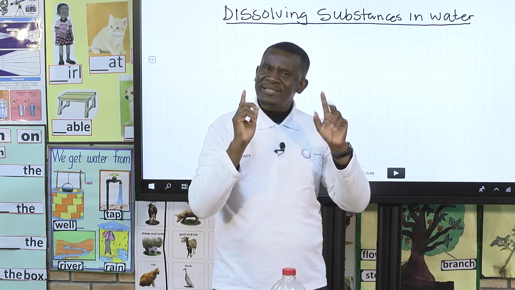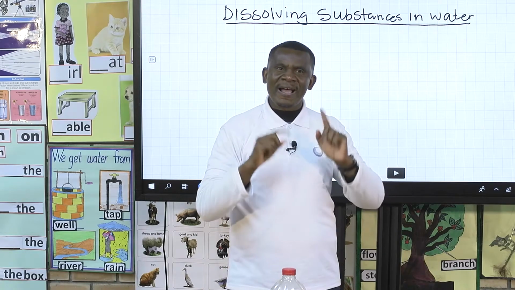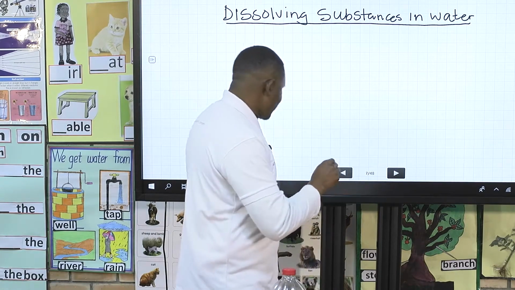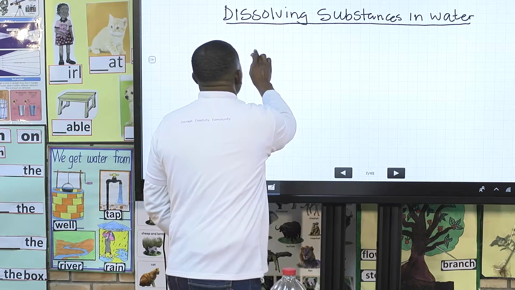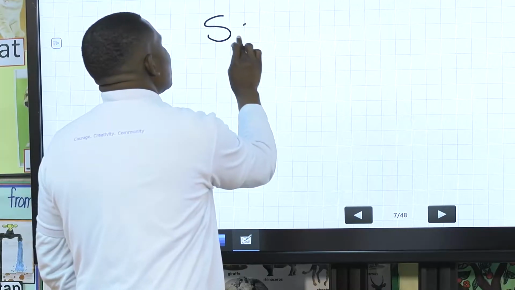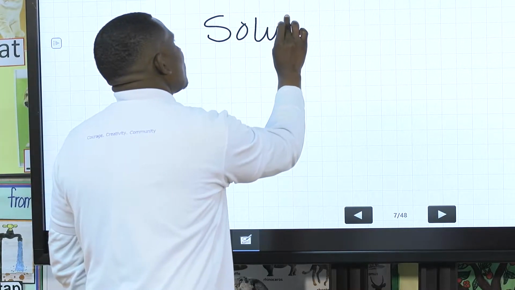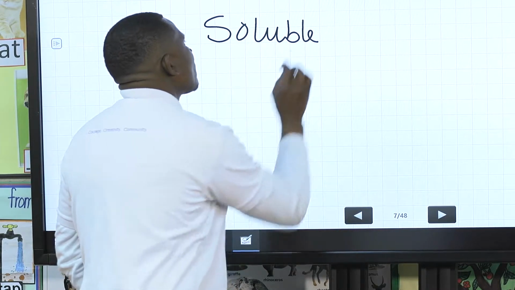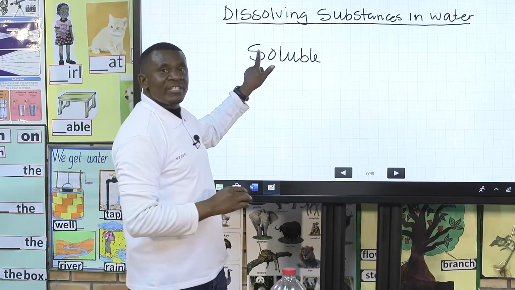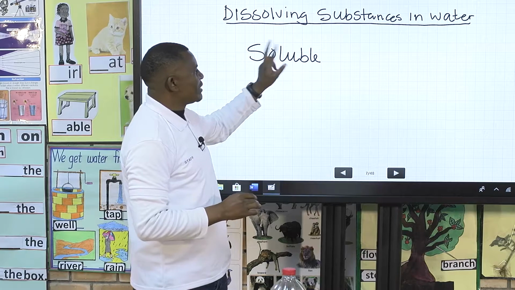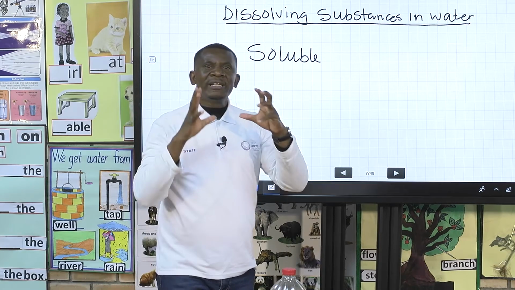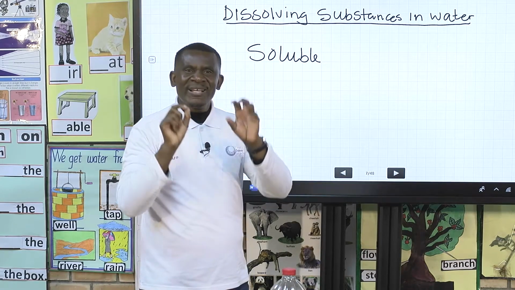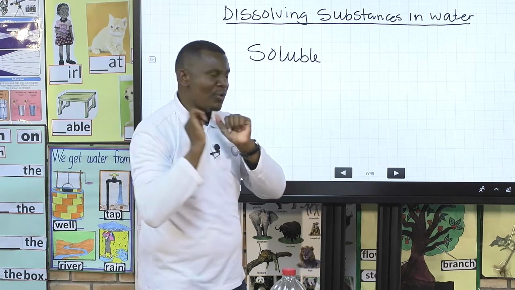The substances that dissolve in water are called soluble. And there are also substances that do not dissolve in water.